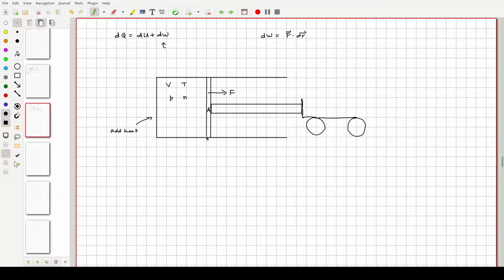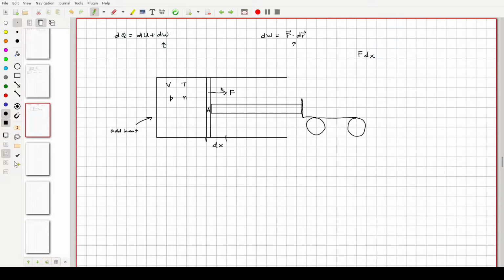Now, what they're going to do there is to cause this plunger to slide this way, a distance that I'm going to call dx. Okay, so what we have here is a force that's being applied along dx. So that's work.